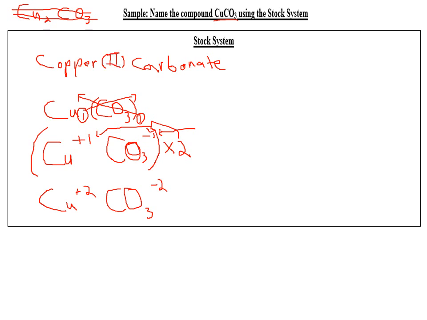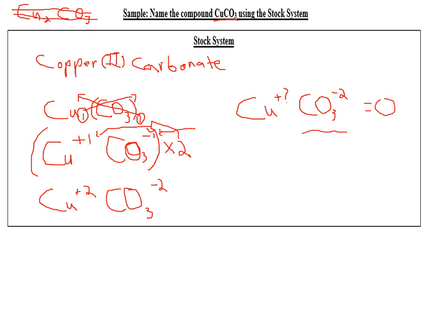Okay. You could have also done this using the charge balancing method. You have 1 copper and you're not sure what the charge is, so we'll put a little question mark here. We have carbonate, only 1 of them. And we know the charge of carbonate is -2. We know overall the charge of the compound has to be 0.